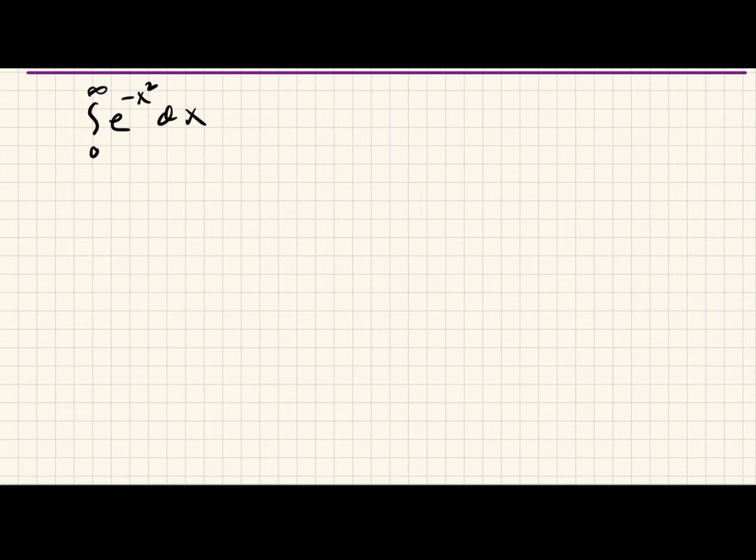E to the minus x, yeah, that'd be like 1 over huge numbers, right? But is it convergent? I don't know. And then when I think about e to the minus x squared, well, those numbers get even bigger, right? And those exponents become negative, so the denominator blows up bigger.